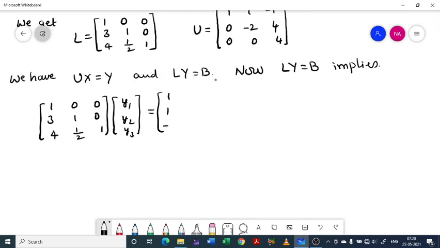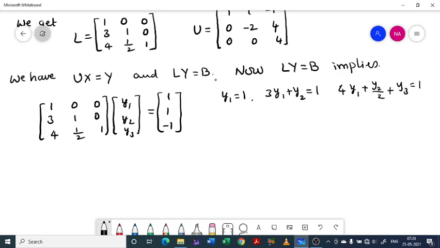B is [1 1 -1]. So from this we will be getting Y1 equal to 1, then 3Y1 plus Y2 equal to 1, and 4Y1 plus Y2 by 2 plus Y3 equal to minus 1.